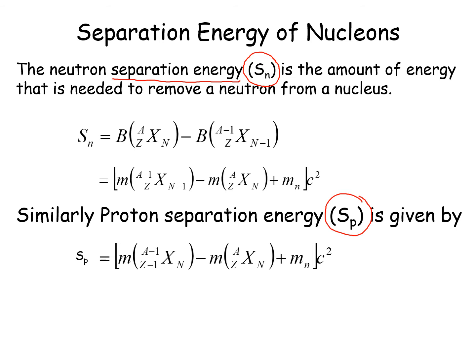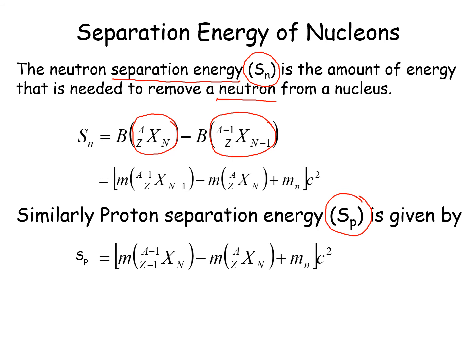So neutron separation energy is the amount of energy that is required to remove a neutron from the nucleus. Here Sn is equal to the binding energy of this standard nucleus minus the binding energy of the nucleus from which the neutron has been removed. Here N minus 1 means a neutron has been removed from this nucleus.